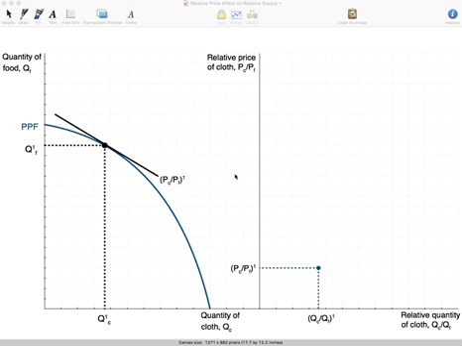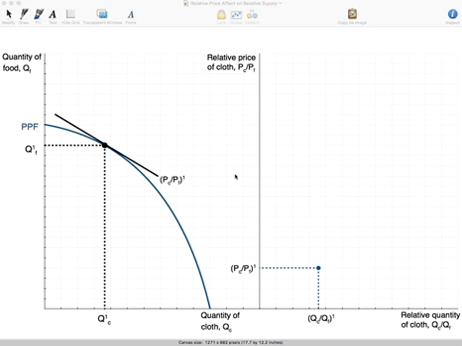So we have a price line and a PPF, and where that price line, the price of cloth over the price of food, is just tangent to the PPF, that is the production level that we will say for the two commodities here, food and cloth.